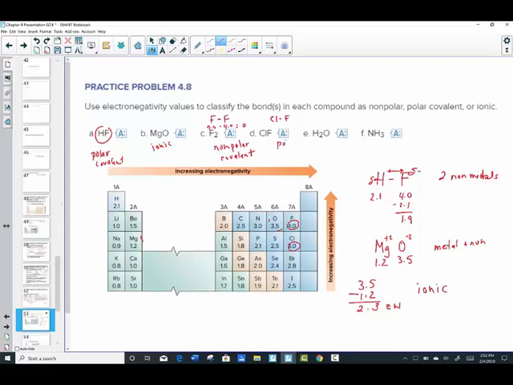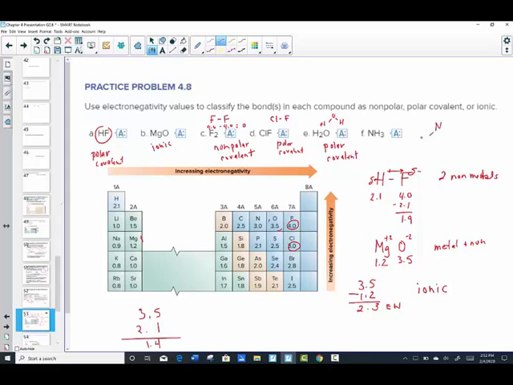So this is also a polar covalent bond. Two nonmetals, polar covalent. Water is written as HOH. So the bond there is a hydrogen to an oxygen. Oxygen with its value of 3.5, hydrogen with its value of 2.1, we get 1.4. That is a polar covalent bond. Two nonmetals, we knew it would be covalent.